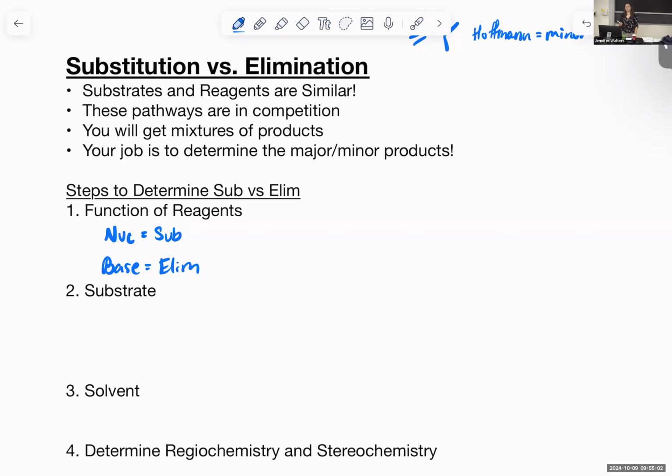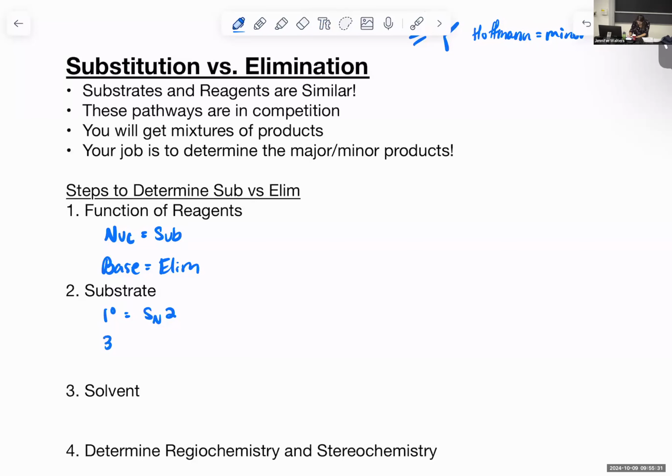Then we're going to look at our substrate. For our substrate, if you were primary, primary was only favored by SN2. So if you have a primary substrate, then SN2 is your major, unless you don't have a nucleophile, in which case you're not doing SN2. But theoretically, you're doing SN2.